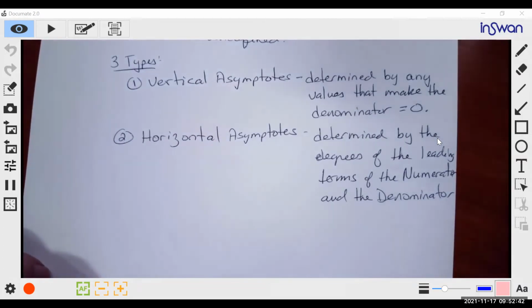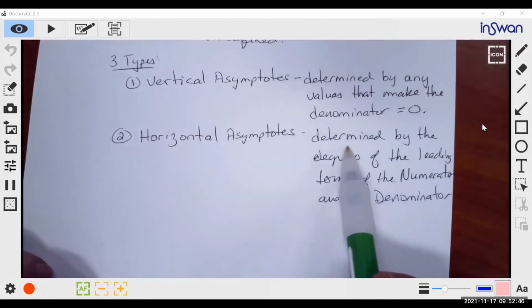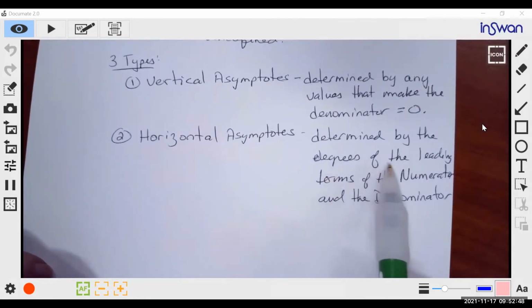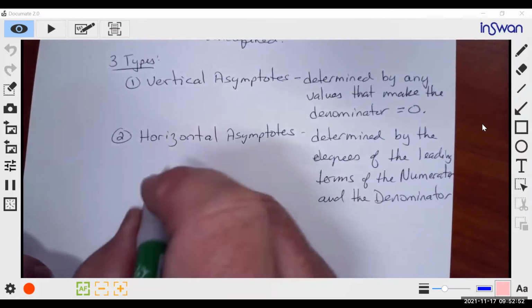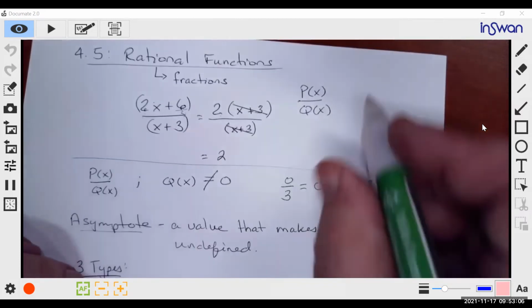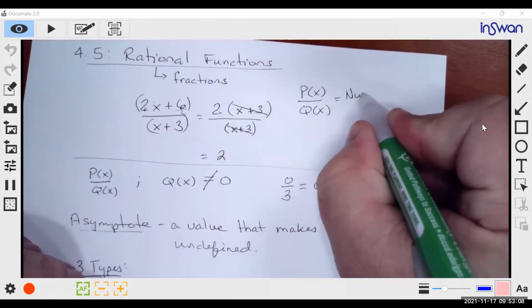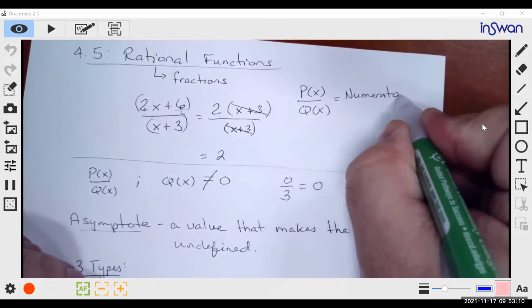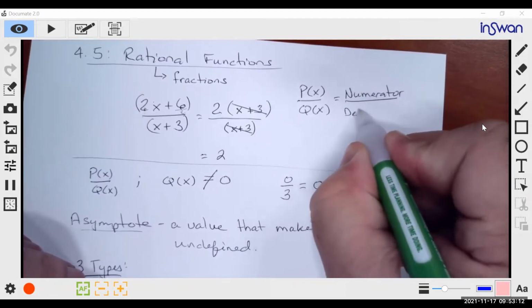So horizontal asymptotes are determined by the degrees of the leading terms of the numerator and the denominator. And just for a refresher, the numerator is on top and the denominator is on the bottom.